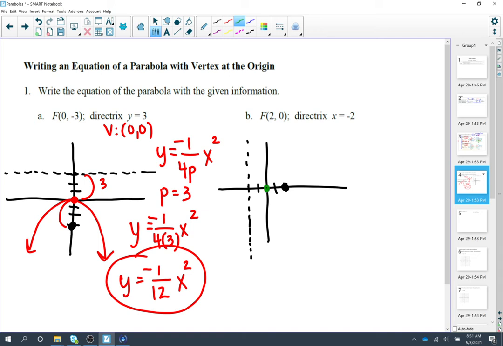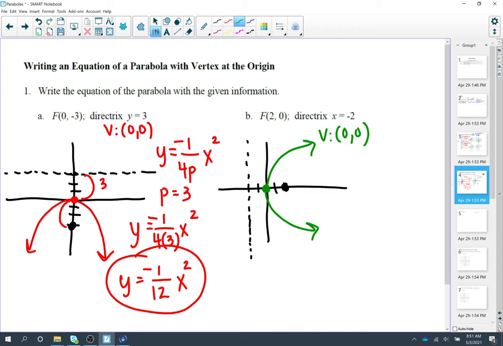So we know it's going to sit right here again at (0, 0). The other thing I know is that the parabola goes away from the directrix towards the focus so that it's on the interior. So really roughly, I know my parabola looks like this.